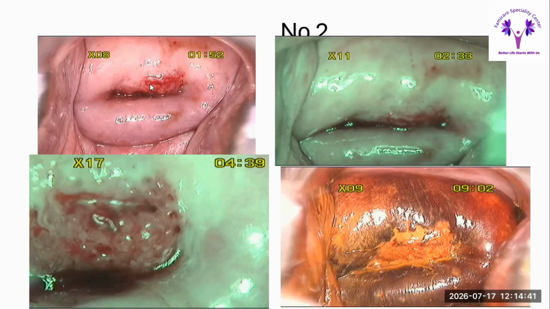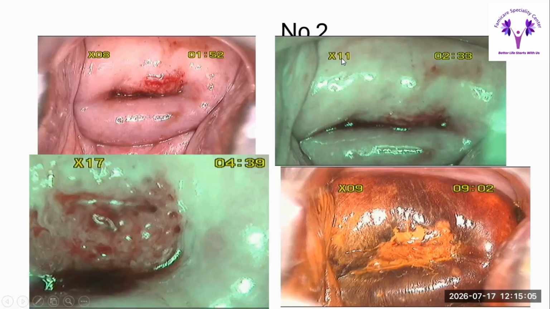Although the Nabothian follicles are seen mostly in this area, the crypts can be seen. So that becomes the squamocolumnar junction. So the old squamocolumnar junction is now the squamocolumnar junction, and this is the new squamocolumnar junction. So the transformation zone in this is type 2, because the lower limit of the new squamocolumnar junction is not seen.